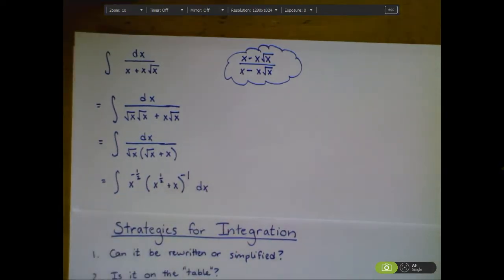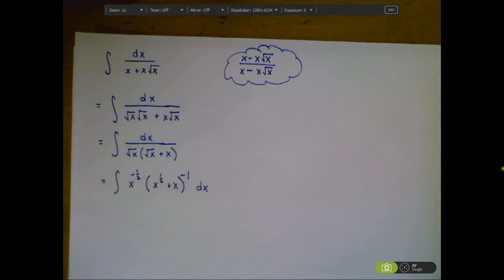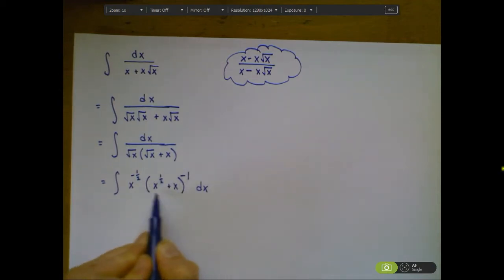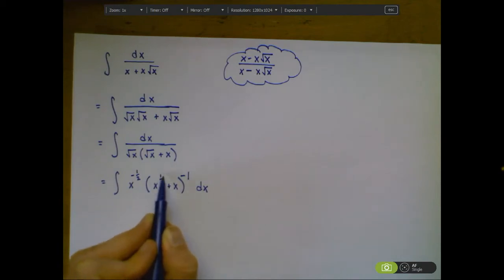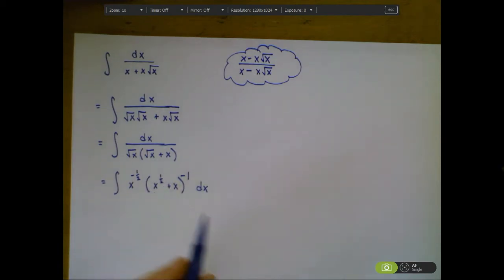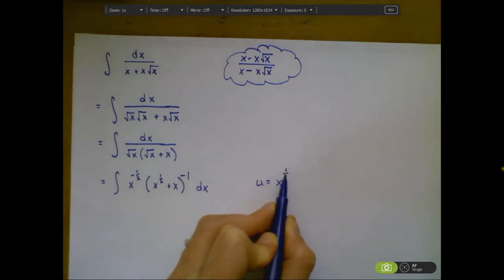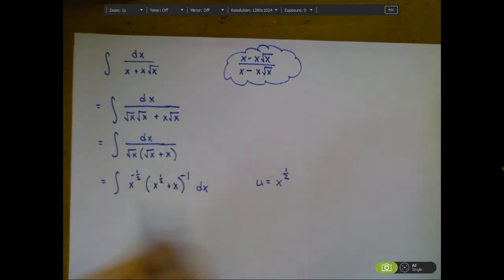And this is where it makes sense to look for a u substitution. It's looking a little more like there is some sort of composition of function idea going on. And I'm going to pick sort of a clever version of u. I'm going to set u equal to x to the 1/2, because then my du is hiding right here.